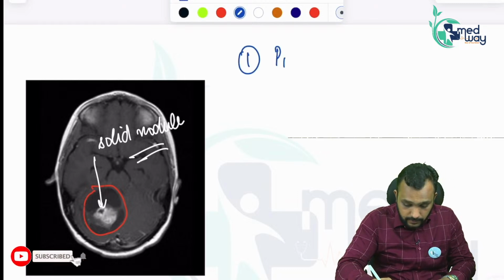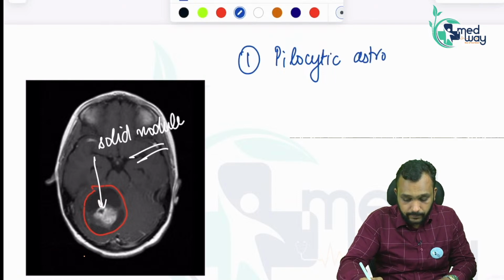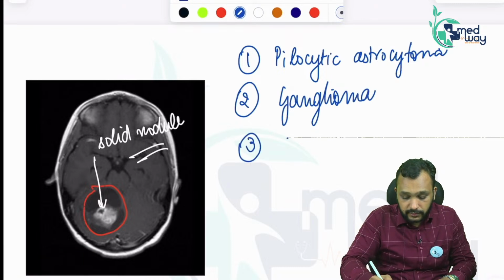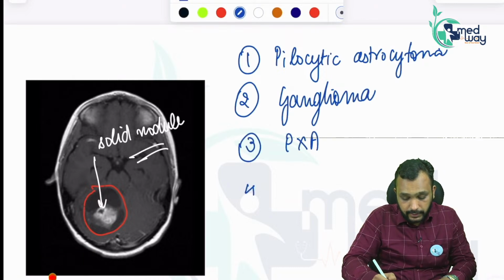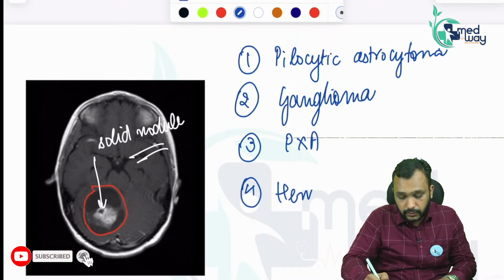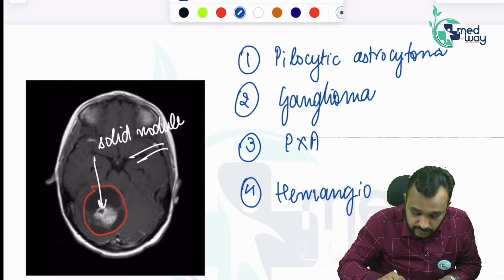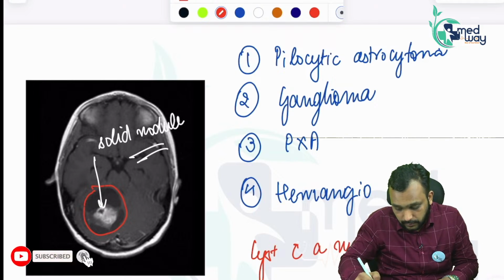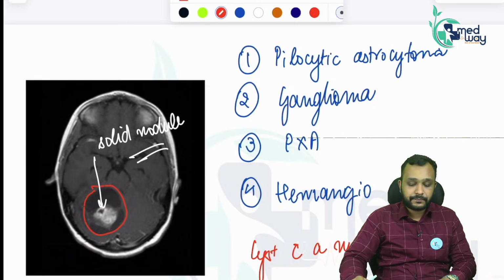One is pilocytic astrocytoma, then ganglioglioma, then pleomorphic xanthoastrocytoma, and it is also shown by hemangioblastoma. The name of this appearance is cyst with a mural nodule. Right.